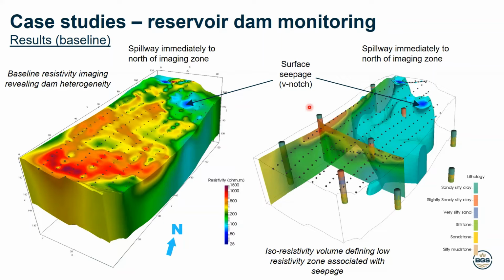We also have access to some borehole information that is also displayed here to be able to guide the interpretation of the resistivity distribution on this model. But now, using this baseline, we can compare and look at the changes in resistivity through time.